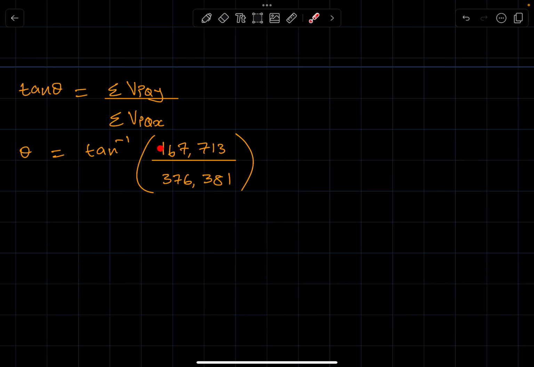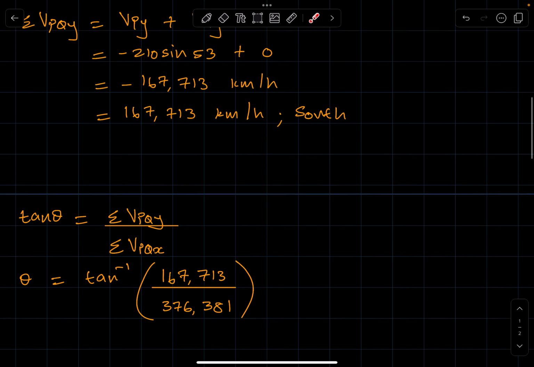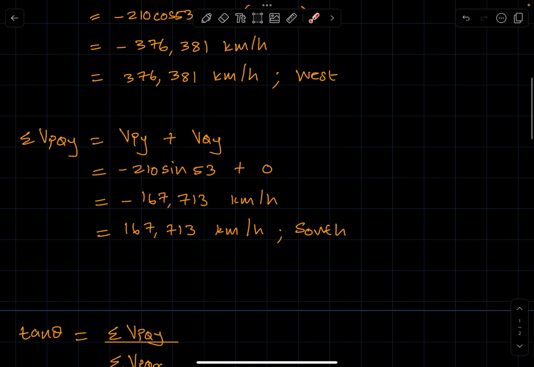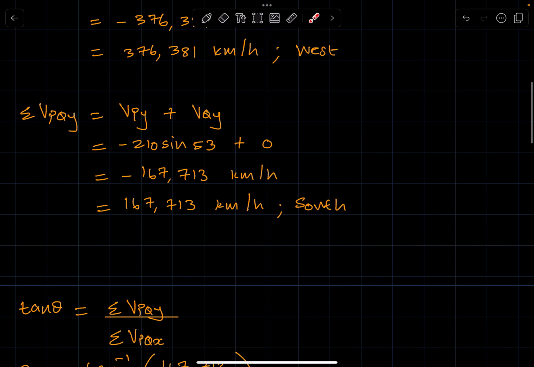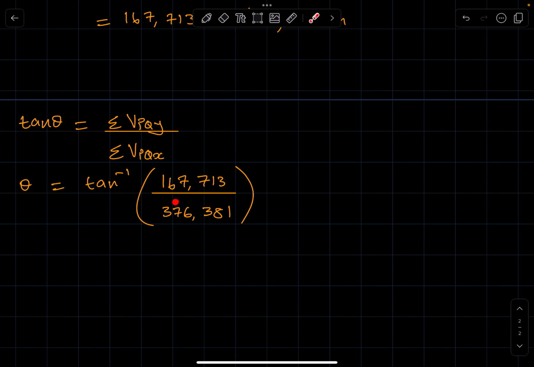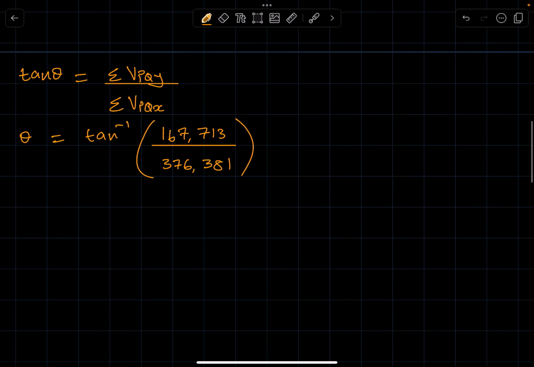Notice how I didn't use the negative sign here. That is because once you've established the direction and written the direction, there is no need for you to write down the negative here.